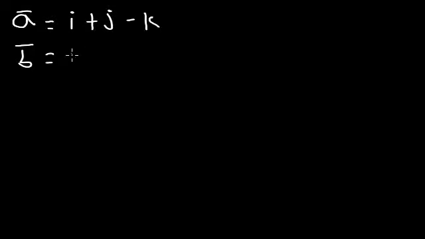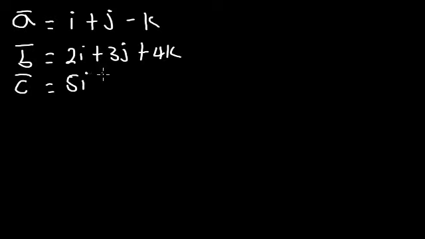Consider three vectors. Vector A is given as i plus j minus k, vector B is given as 2i plus 3j plus 4k, and vector C is given as 5i minus 4j minus 3k.